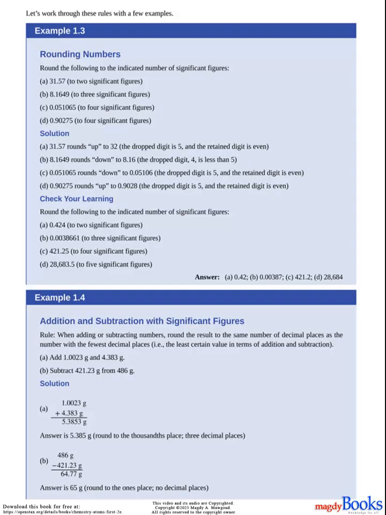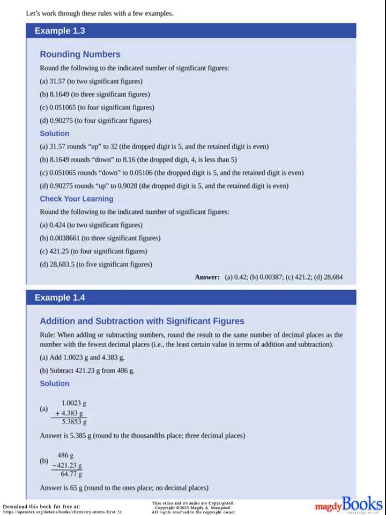Check your learning. Round the following to the indicated number of significant figures. A. 0.424, to two significant figures. B. 0.0038661, to three significant figures. C. 421.25, to four significant figures.